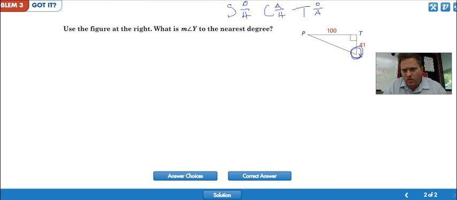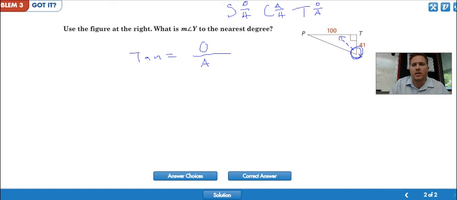So I'm looking, what do I have? If I'm going from this angle right here, I have my opposite, and this side is right next to the angle and it's not my hypotenuse, so this is my adjacent. So I know that I'm using tangent.